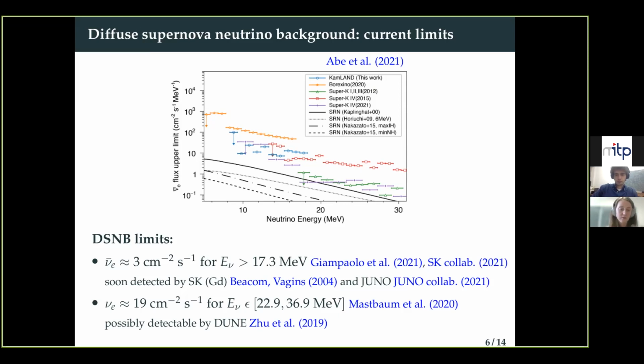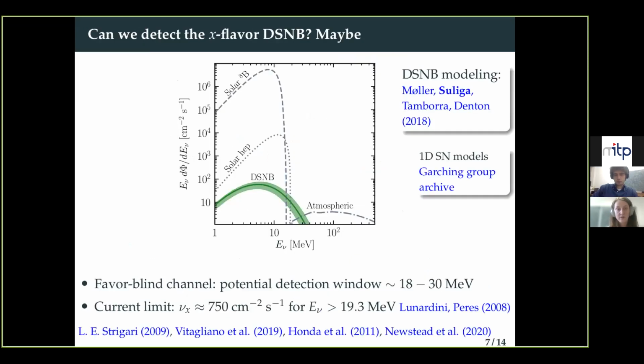So with the electron flavors looking optimistic, what about the X flavor component of the DSNB? Can we possibly ever detect it? If we just focus on this figure here, which shows the fluences, it looks like it may be possible. Here we have the DSNB just for the X flavors and also the atmospheric and solar neutrino backgrounds.